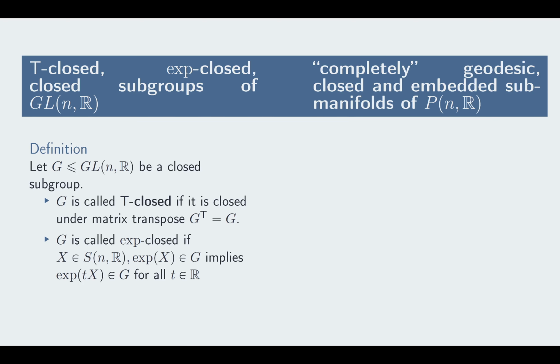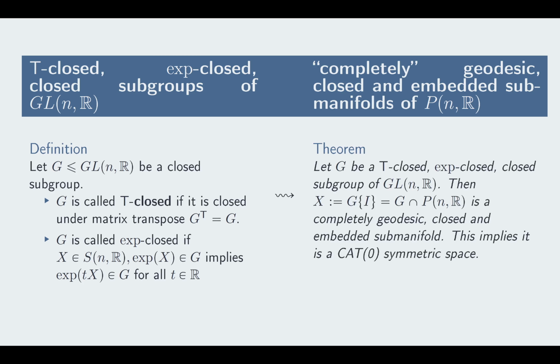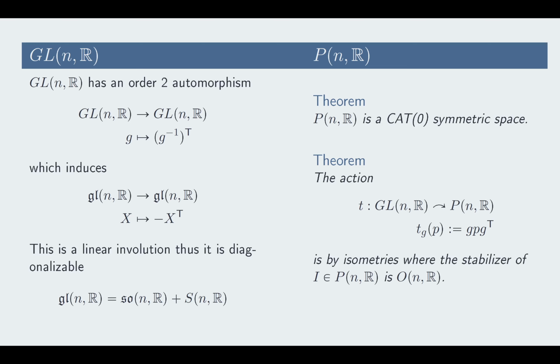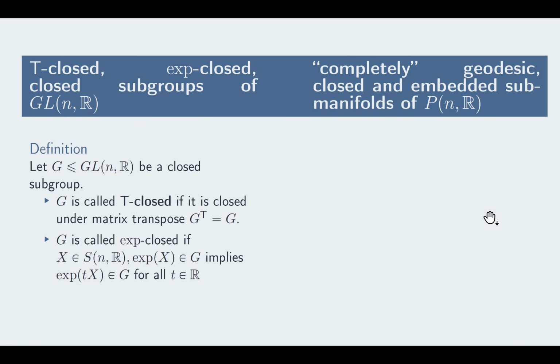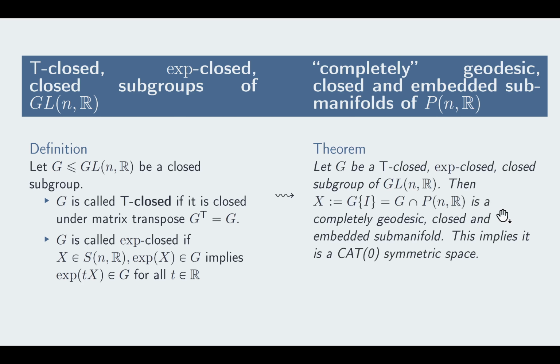So if the exponential of a symmetric matrix is in G, then the exponential of the entire line spanned by x is also in G. And if I consider groups like that, then the orbit of I in PNR, so this GLNR acts on P, so G acts on P, and I take the orbit of I under G, then that will be a completely geodesic closed and embedded submanifold, which will, of course, be a CAT(0) symmetric space.